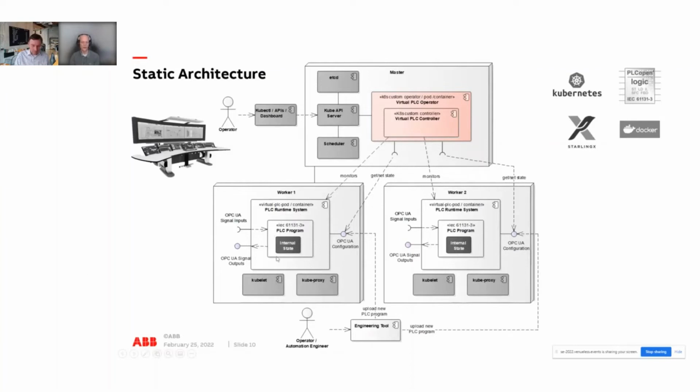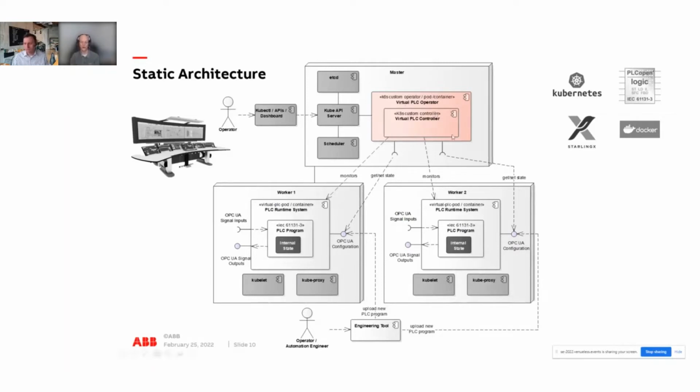Here we have also the internal state in there. And then we can start an updated version of that pod where the program is slightly changed, and we can then transfer the internal state with our Kubernetes operator here via the OPC-UA protocol. Operators are a customization mechanism for Kubernetes, a standard mechanism, and we just utilize that.